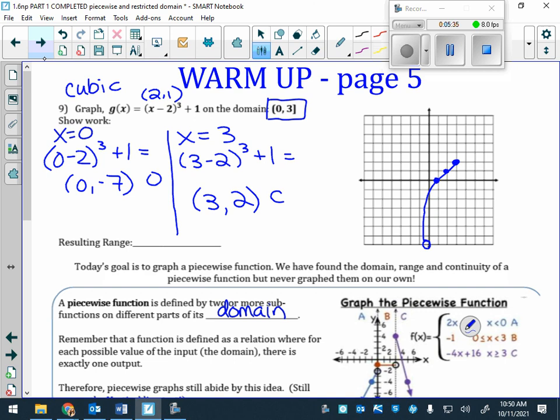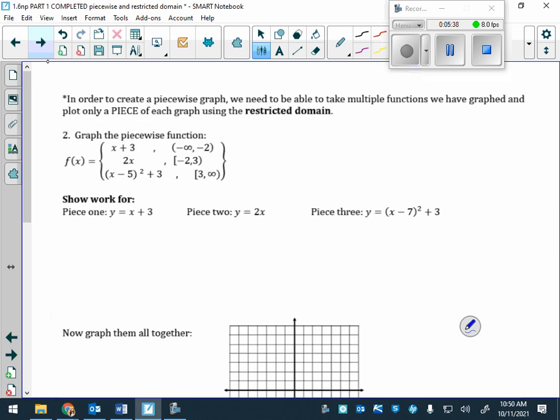Okay. We are going to turn to number 2, which is on page 6 at the top. Okay, we're going to create a piecewise function all together with different restricted domains.